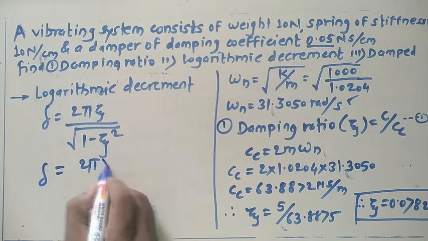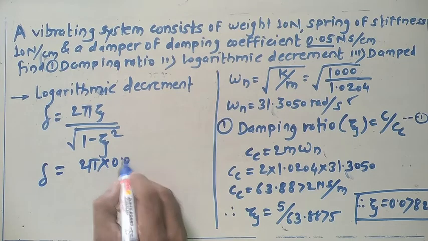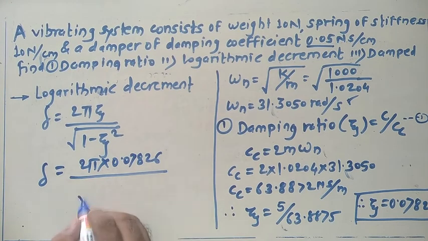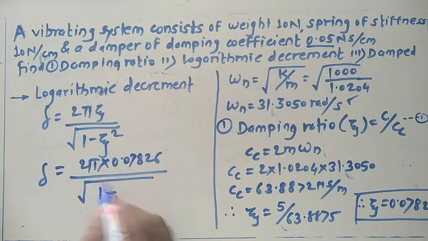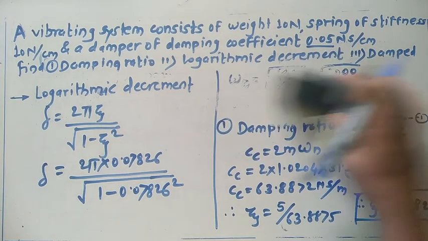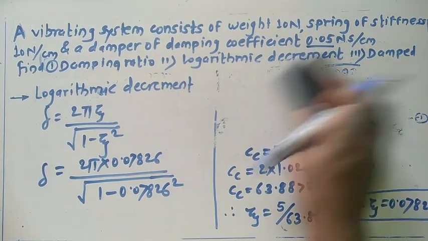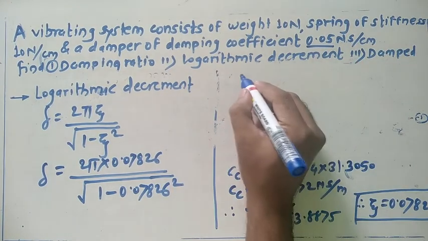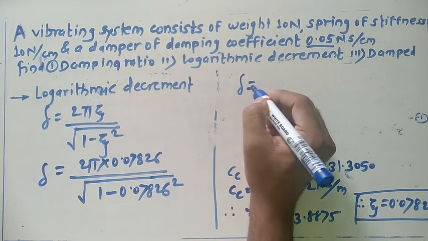So 2 pi zeta, 0.07826, divided by square root of 1 minus zeta square, means 1 minus 0.07826 bracket square. After solving this, we can get the value for delta.